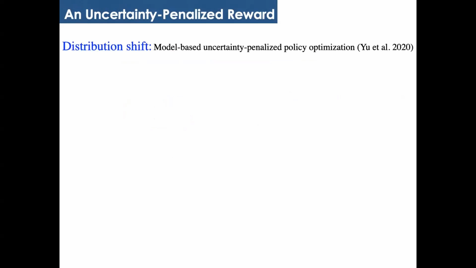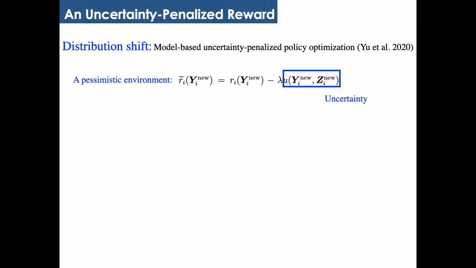And for the distribution shift issue, we address this problem by defining an uncertainty penalized reward. Essentially, we borrow the idea from MOPO, model-based offline policy optimization, from the machine learning field. They develop a method where they modify the reward. They call that a pessimistic reward. Instead of using the original reward R_i based on the health outcomes, we define a penalized reward, and it penalizes the uncertainty of the state action pair.